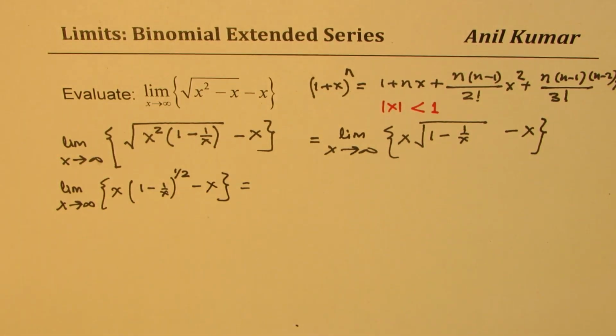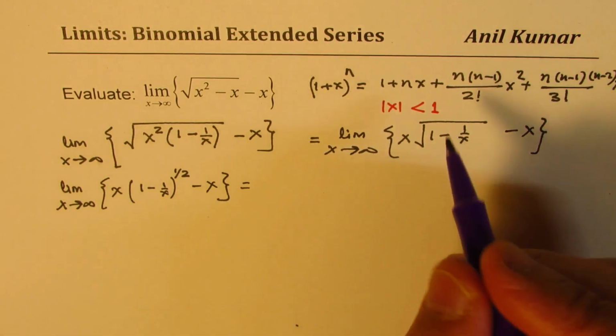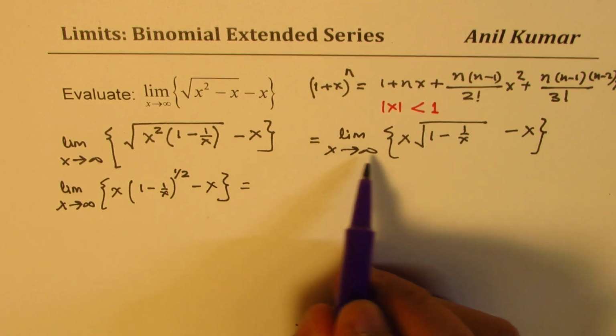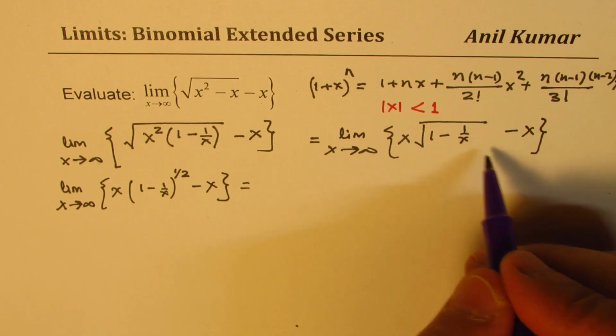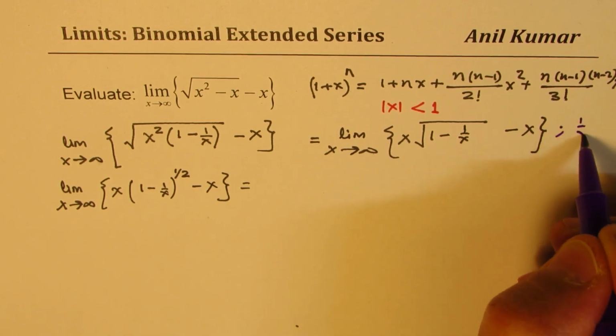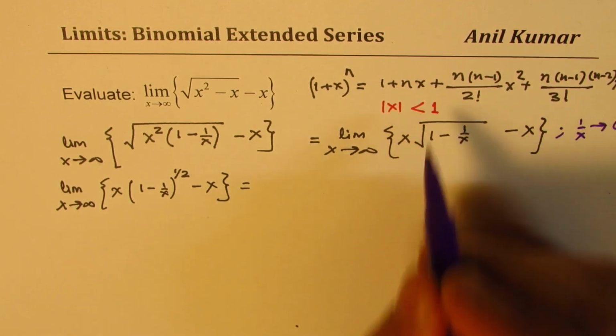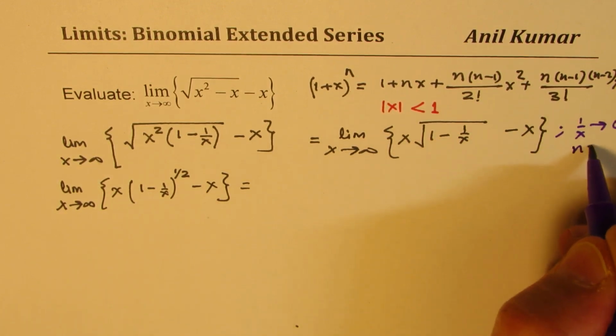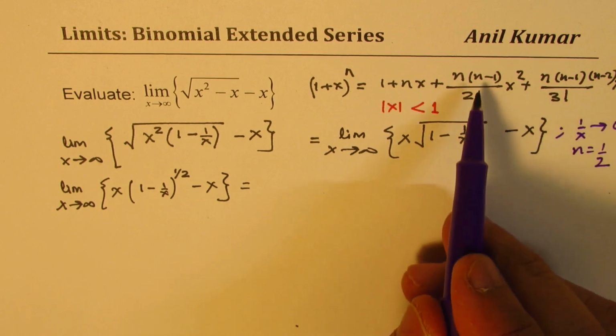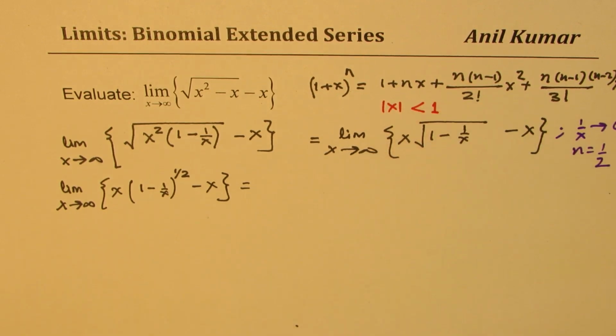What do you notice? In our case, since x is approaching infinity, 1 over x approaches 0, right? So 1 over x is approaching 0, much less than 1, correct? And the power exponent n is half. So we're going to use this formula with n as half and expand, right?